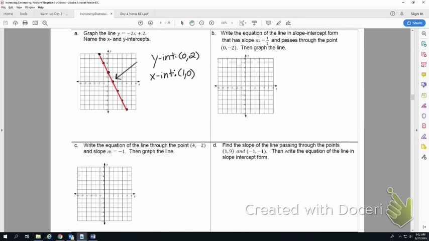B, it says to write the equation and then graph it. So it gives me the slope, and then it gives me the point 0, negative 2. Is that 0, negative 2 my y-intercept? Yes. So what would my equation be?